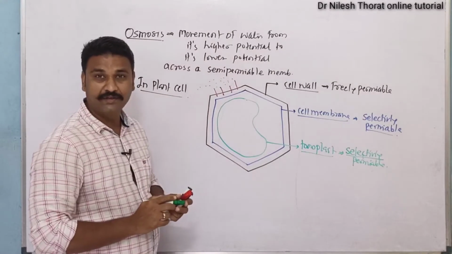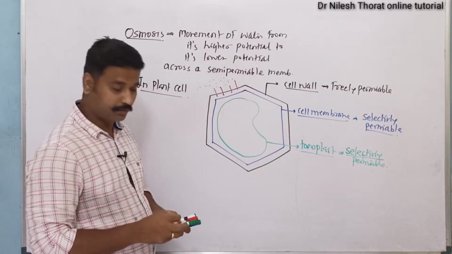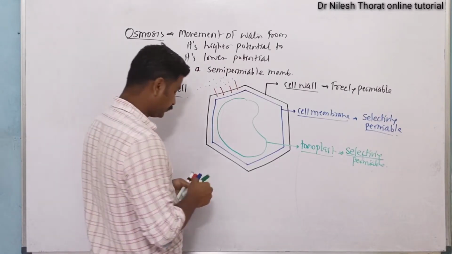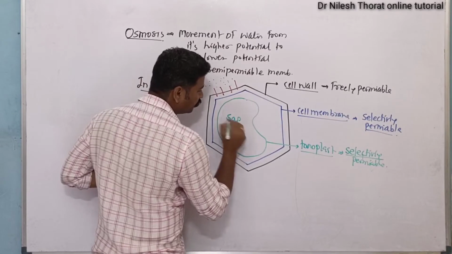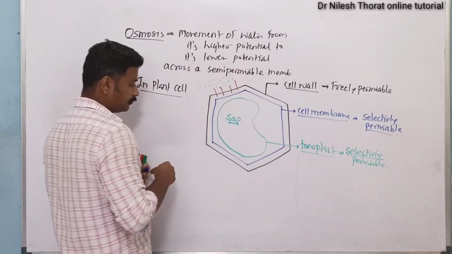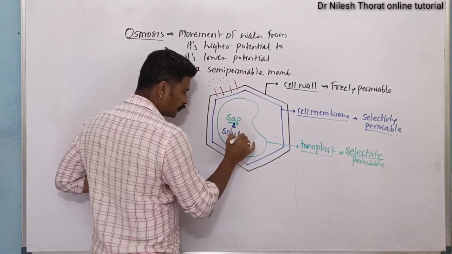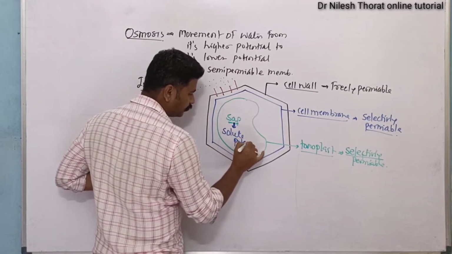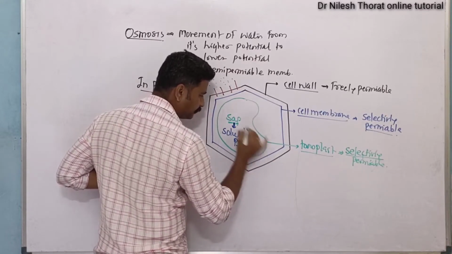This vacuole in case of plant will have the vacuolar sap, and that sap which is present inside the vacuole will contribute for the solute potential. So this sap is responsible for solute potential, that is psi s.